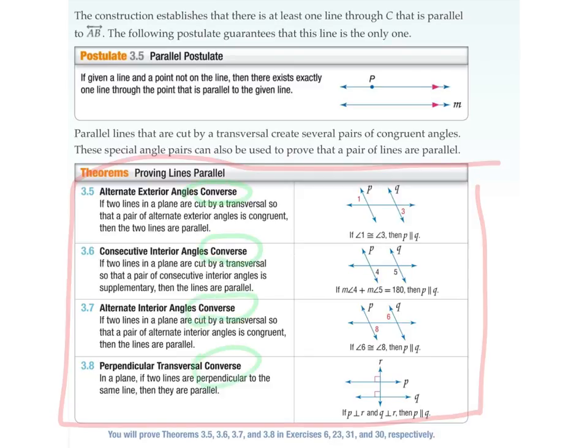In other words, you're doing the inverse of using parallel lines to find angles. Now you're using angles to prove parallel lines. So your answers are going to be exactly the same type of answers that you had in 3.2, but this time you must write the word converse. If you don't write the word converse, then you are not proving that two lines are parallel.